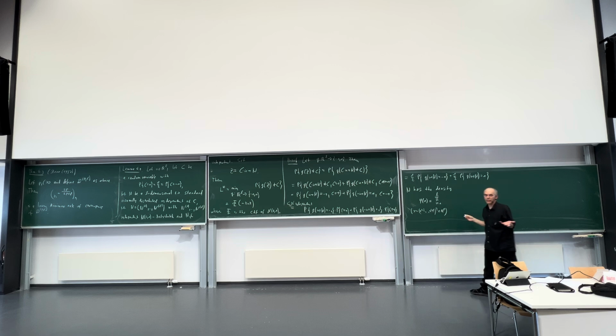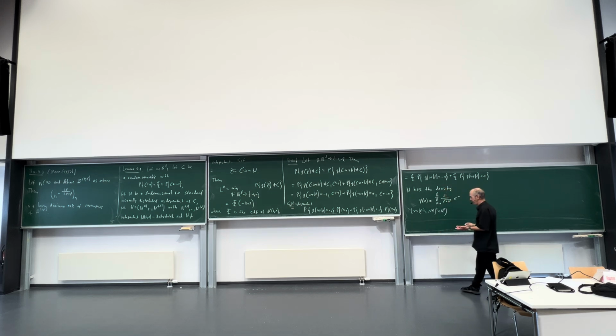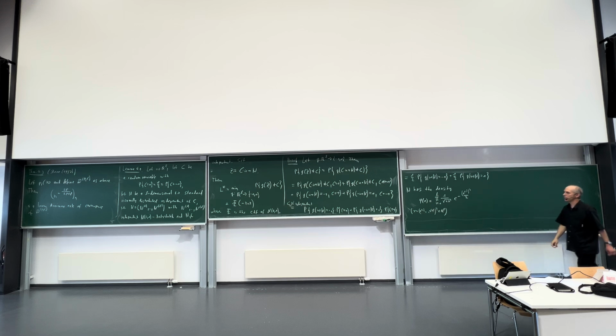And now you need the density of the standard normal distribution. It's 1 over square root of 2 pi, times e to the power minus, now the component, the value is xi squared, over 2.